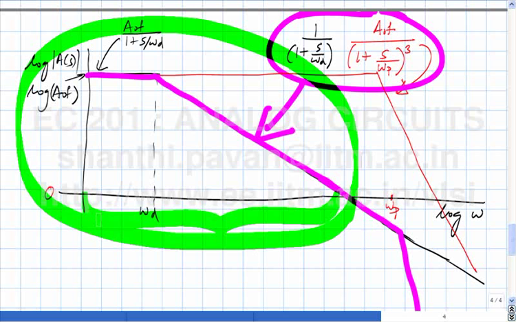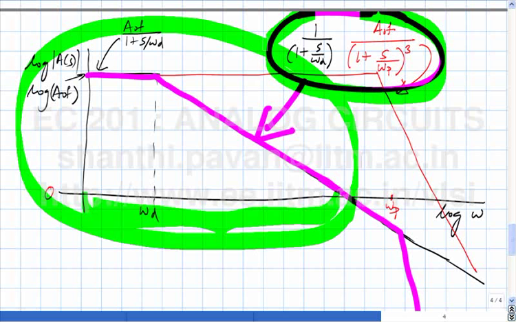We see that in this frequency range where the value of loop gain, which is A of S times F, is always greater than 1, the frequency response of this system is completely indistinguishable from that of a first order system.